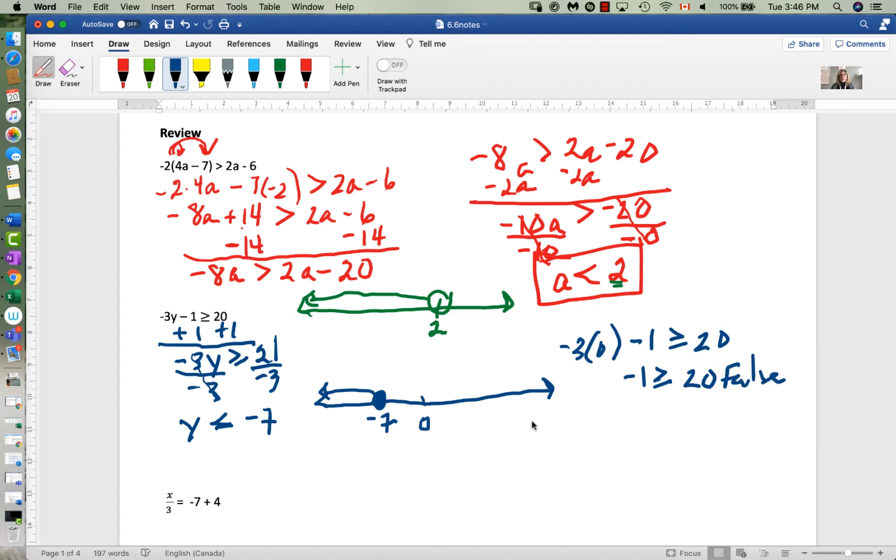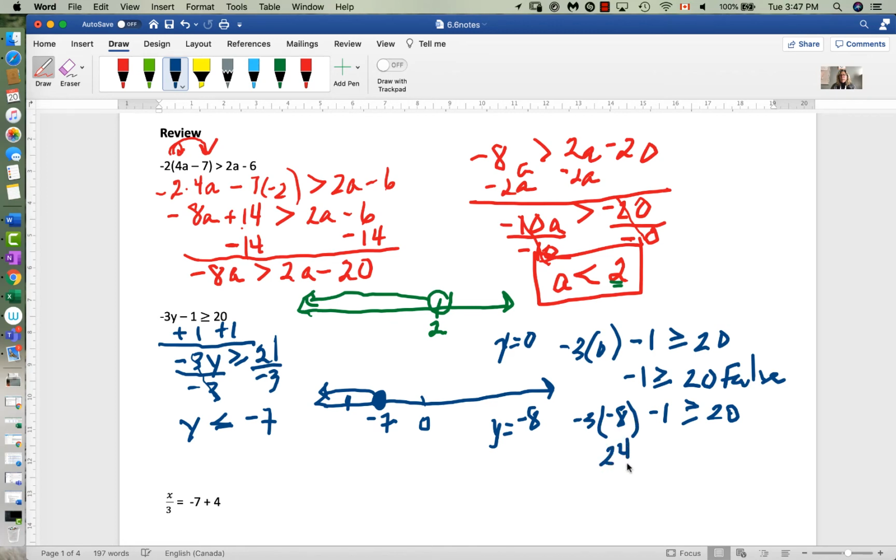But how about if we have minus 8? Minus 8 would be in this category here. So this is y is 0, and this is y is minus 8. We'd have minus 3 times minus 8 minus 1 is greater than or equal to 20. Minus 3 times minus 8 is 24, right?